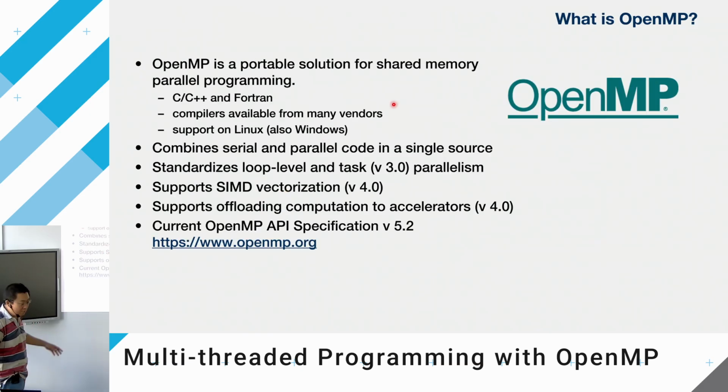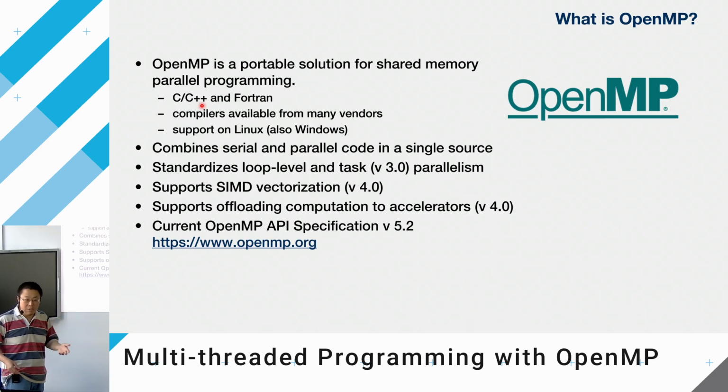And as I mentioned, we are going to use OpenMP, with a very short, brief story about OpenMP. OpenMP is a portable solution for shared memory programming, so basically for multi-threading. You can use it for C, C++, Fortran, and there are many compilers available supporting OpenMP.